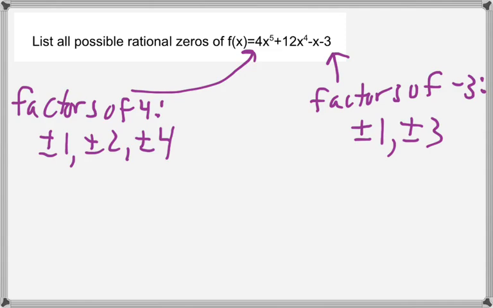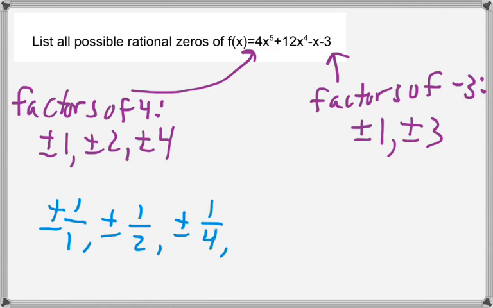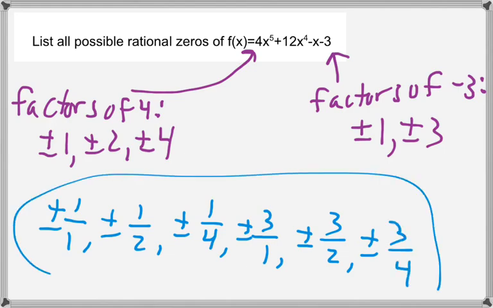So the factors of negative 3 give us our possible numerators, and the factors of 4 give us our possible denominators. So we have 1 over 1, 1 over 2, 1 over 4, 3 over 1, 3 over 2, and 3 over 4. So those are the possible rational zeros for this function.